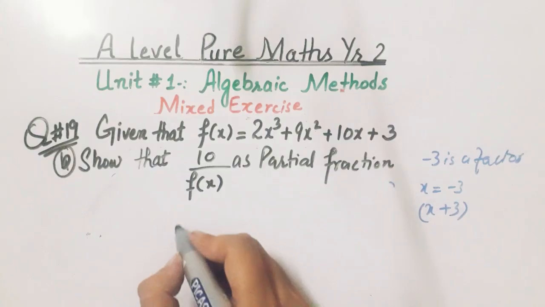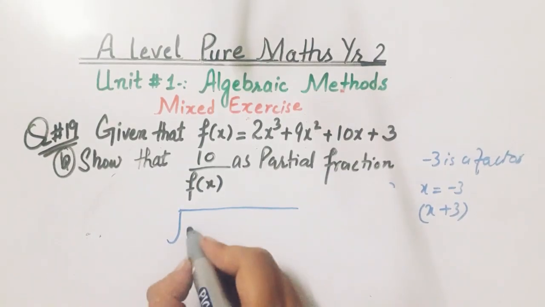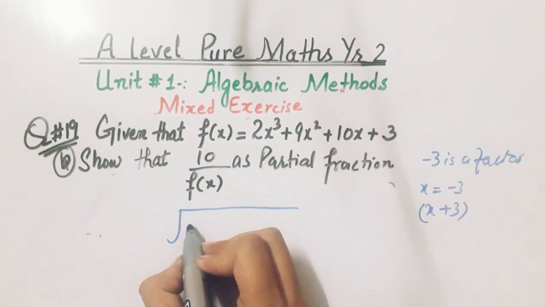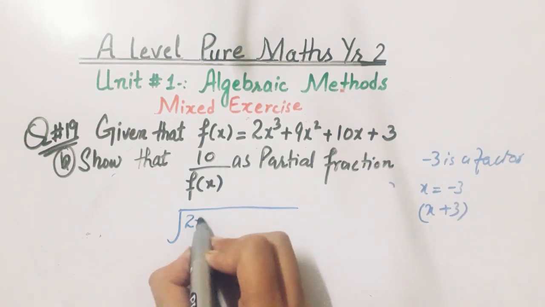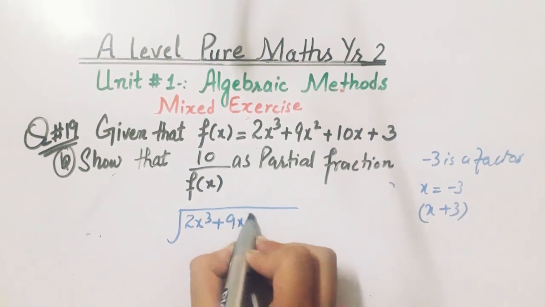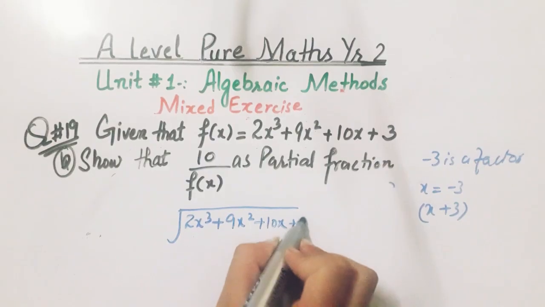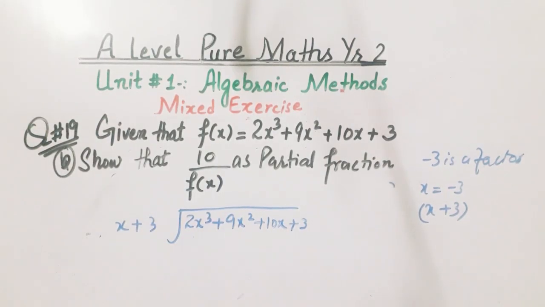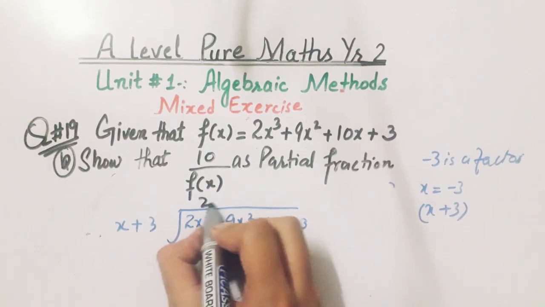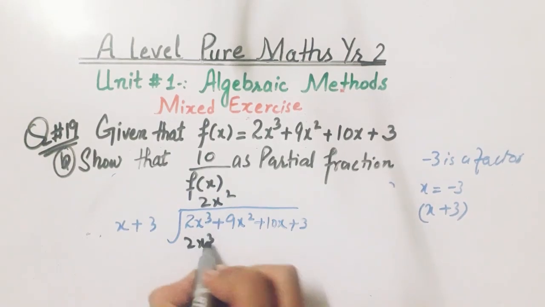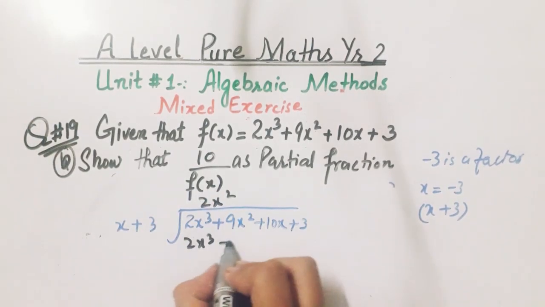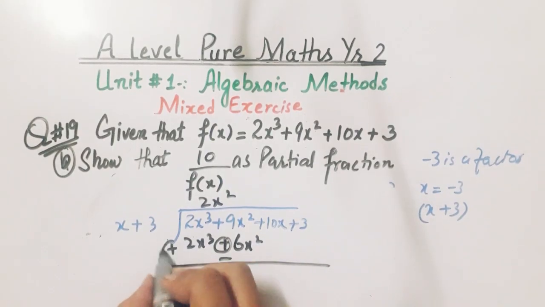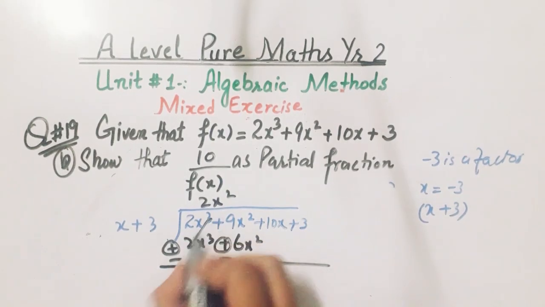So we will solve this by the division method. 2x cube plus 9x square plus 10x plus 3 is divided by x plus 3. To make 2x cube we will multiply this by 2x square. So this is 2x cube, and 2x square multiplied by 3 is plus 6x square. Now 2x cube minus 2x cube are cancelled out.